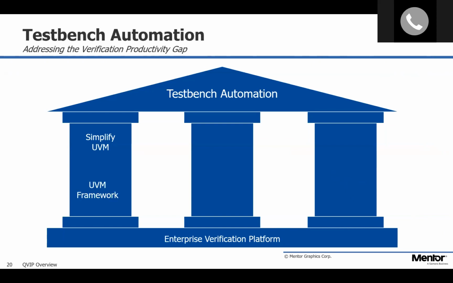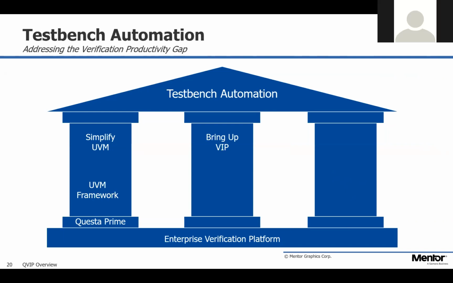So Mentor has created what we call the UVM framework, which is a simplification of some of the class libraries of UVM to make them easier to use, and also a way to create a template that describes your test bench and then let the code generator go off and pull all the boilerplate code together and create all the make files for compiling and running your test bench. So that's kind of our UVM Jumpstart program, the UVM framework.